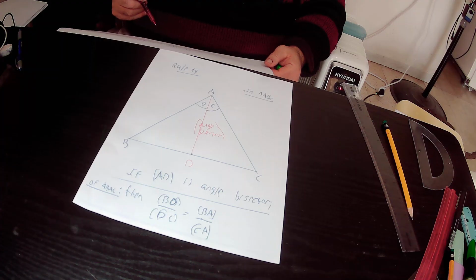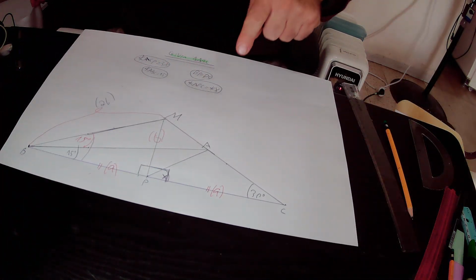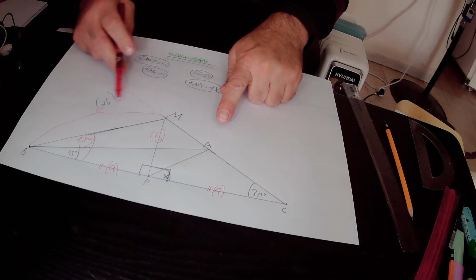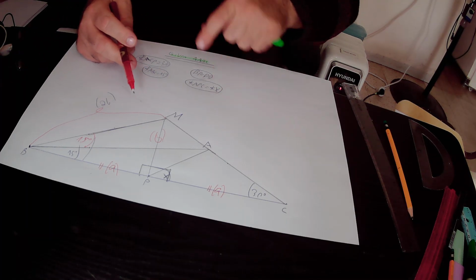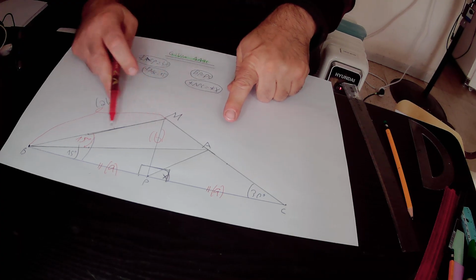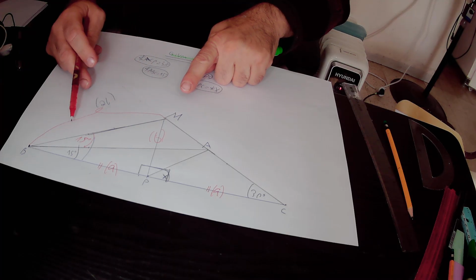So we can implement Rule 19 in the associated triangle BMC. AB is the angle bisector of angle MBC in the big triangle MBC, and therefore, according to Rule 19, angle bisector AB divides the sides of this big triangle MBC proportionally.